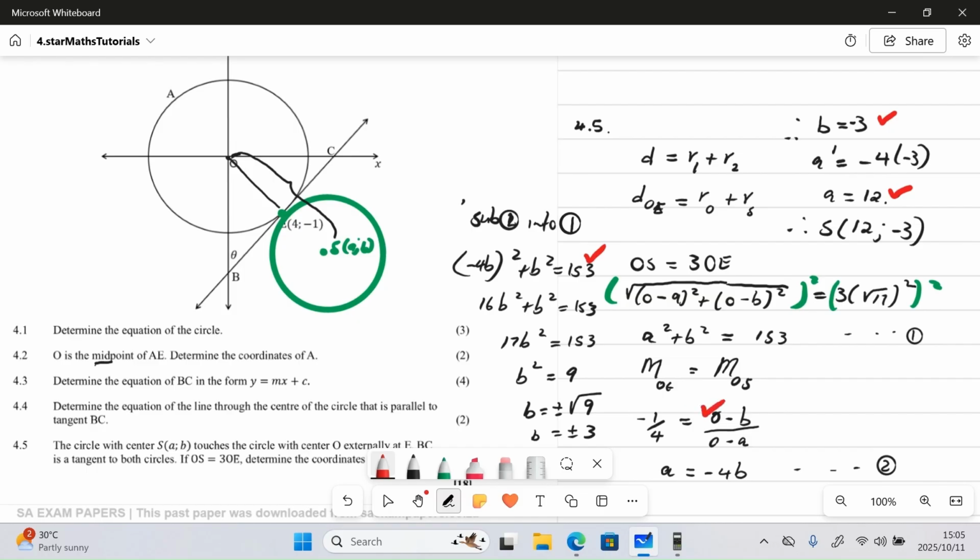Okay, equating the gradient, then also equating this one. So for having 6, which other mark can we give? Okay, the distance. That is 7 marks. Easy stuff.